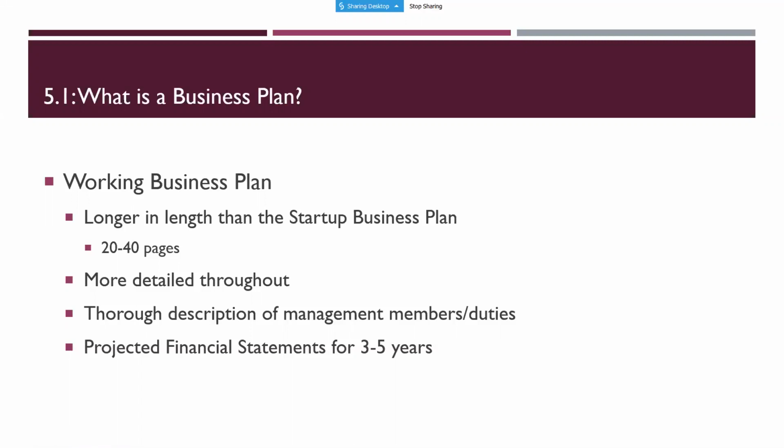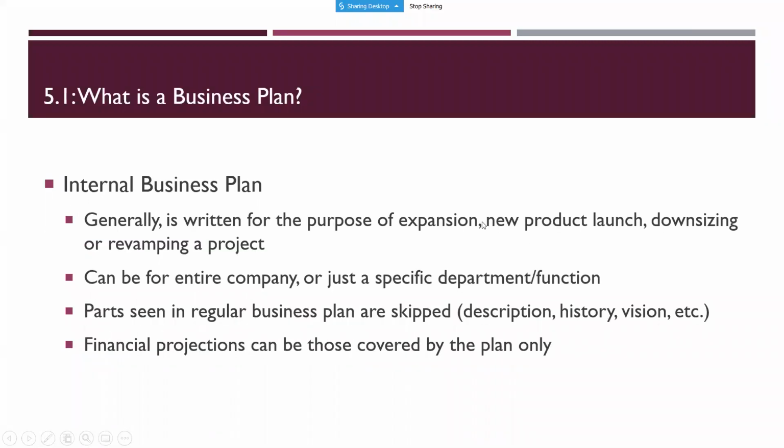And the contents of the plan of a general business plan. Oh, we got to talk about internal plans first, excuse me. So internal plans, just like a business plan, but made for more internal use. So you may see parts of it eliminated that would typically be presented, such as the description of the company, the history of the company, the vision. We can trim those parts.